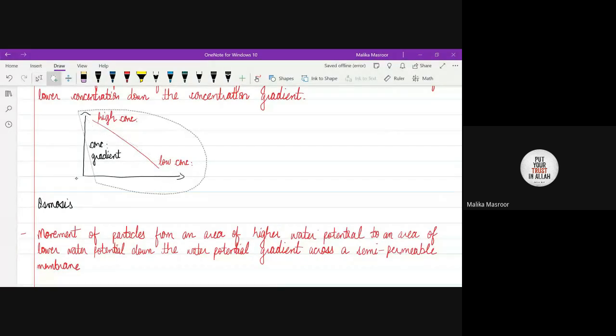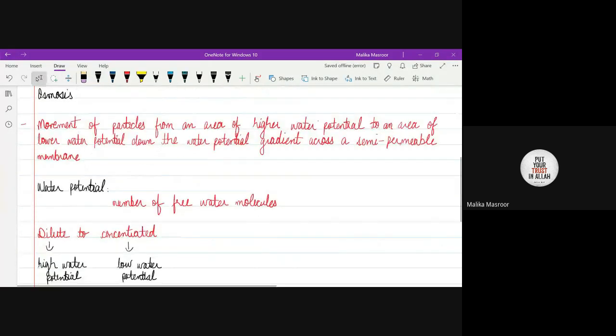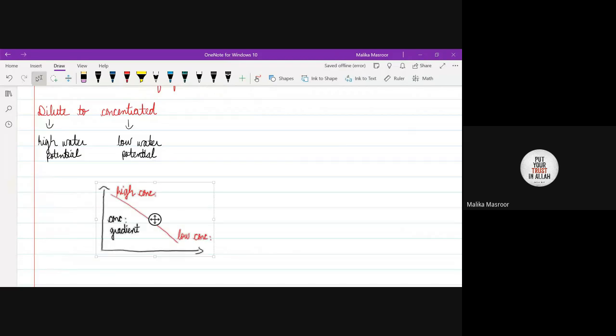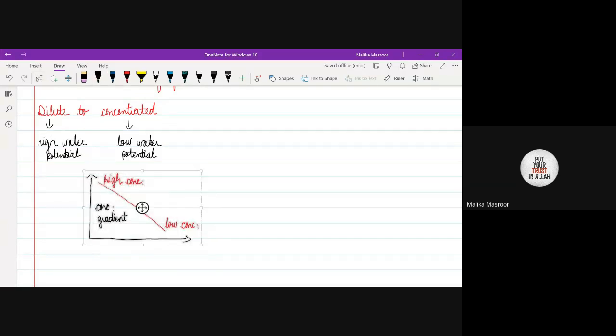Just copy this. From high water potential to low water potential. Basically, just say dilute solution to concentrated.